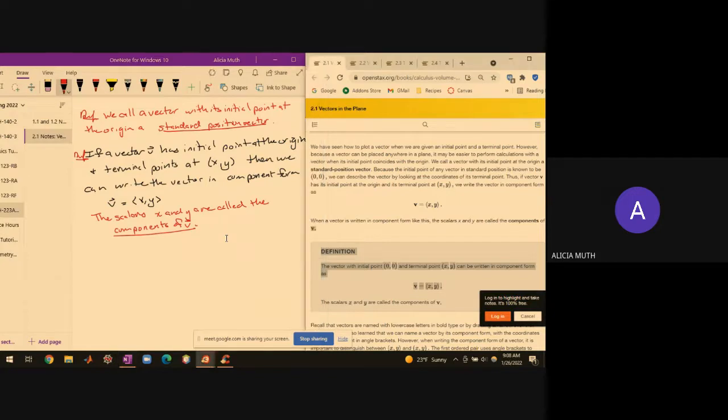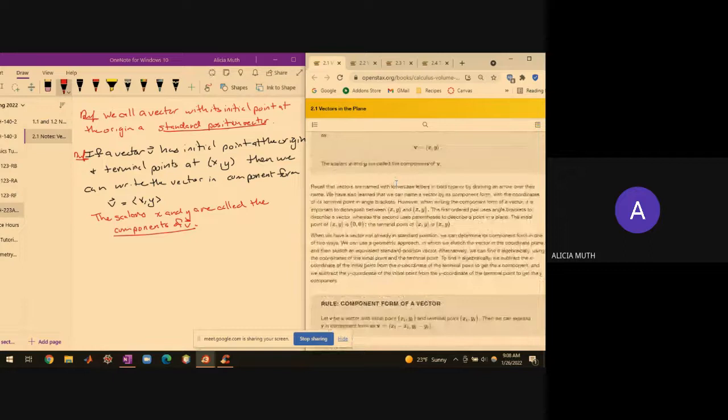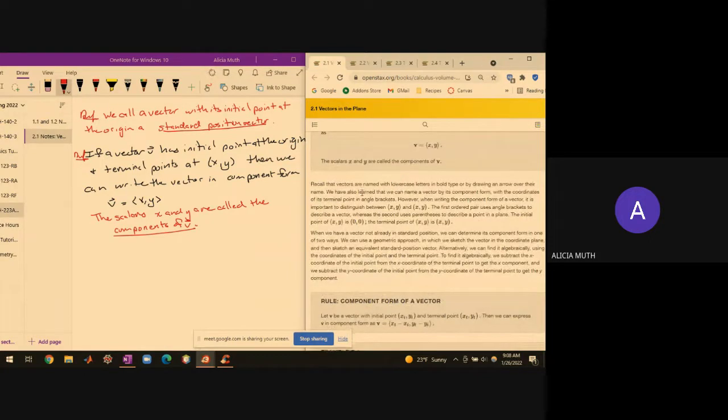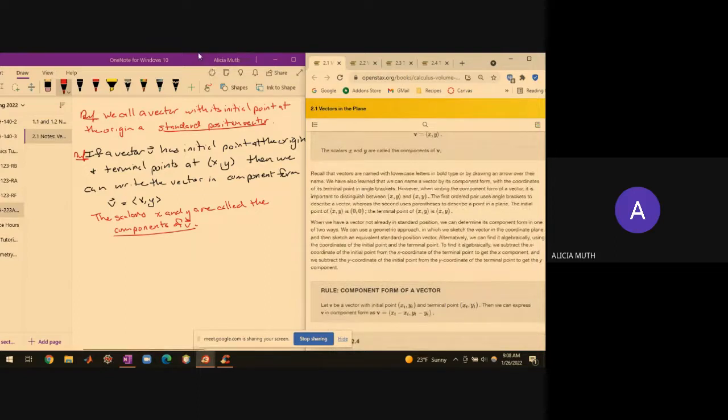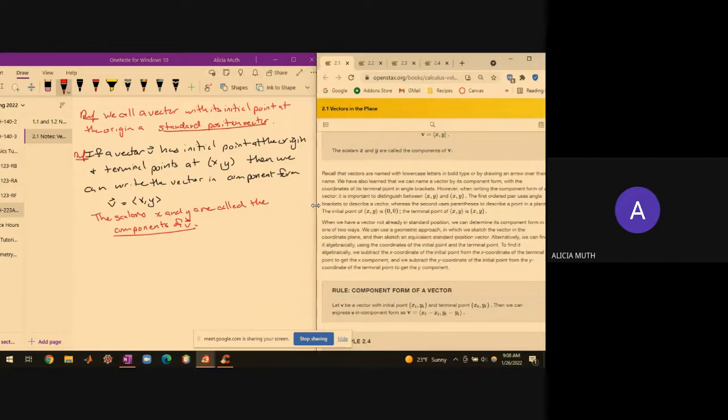Awesome. All right. So recall that vectors are named with lowercase letters in bold type or by drawing an arrow over their name. We've also learned that a vector can be named by its component form, with the coordinates of its terminal point in angle brackets. However, when writing the component form of a vector, it's important to distinguish between the angle bracket x, comma, y and the parentheses x, comma, y.